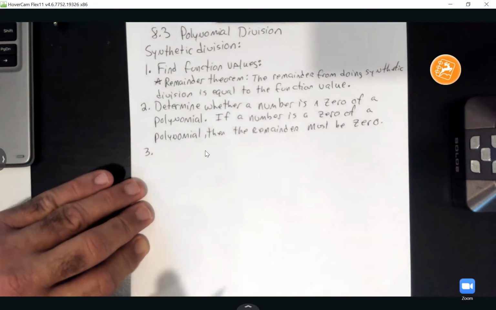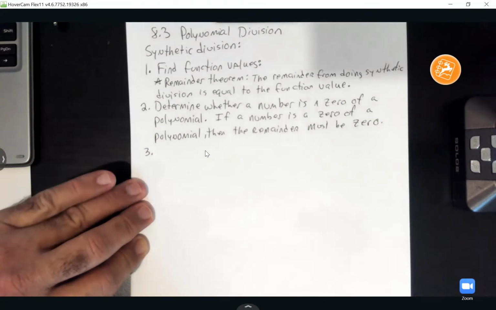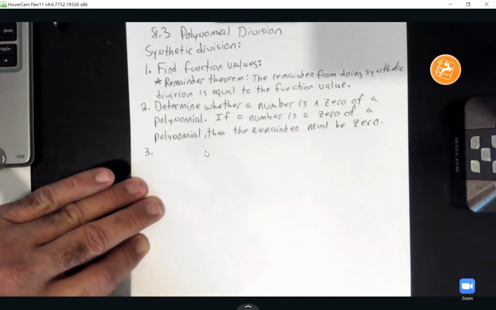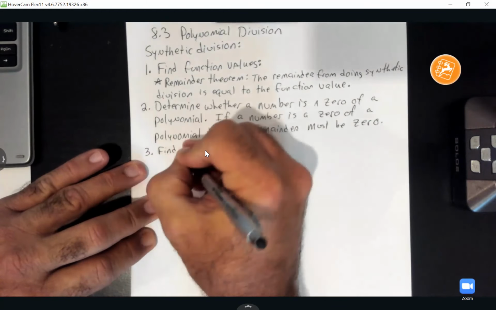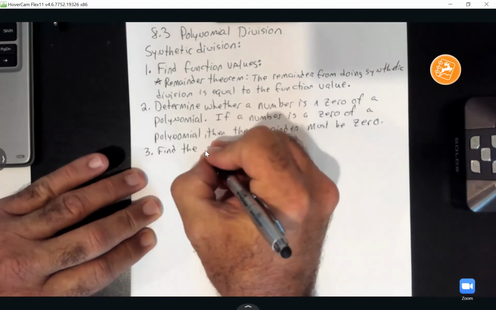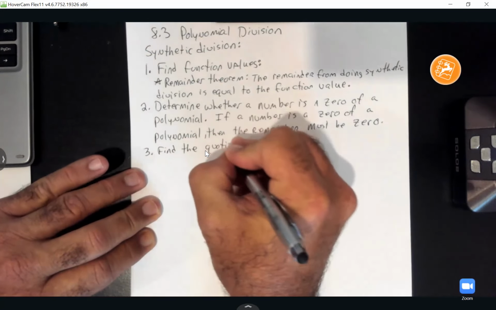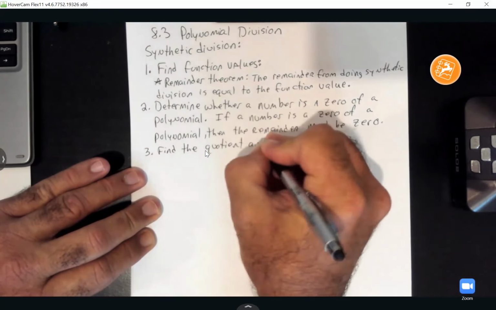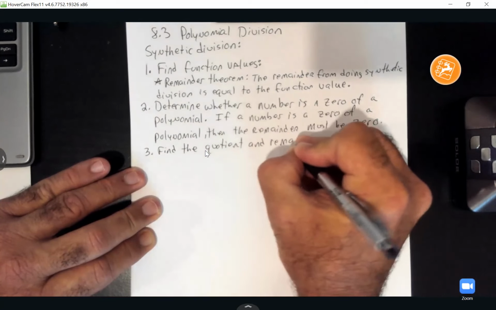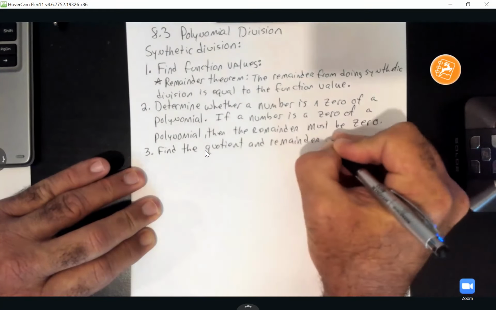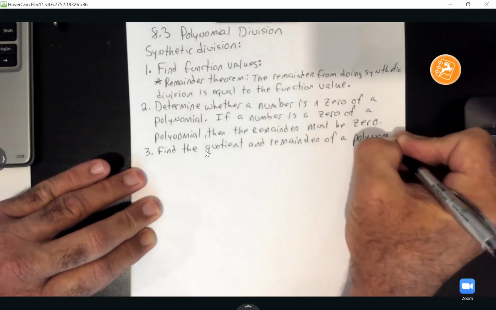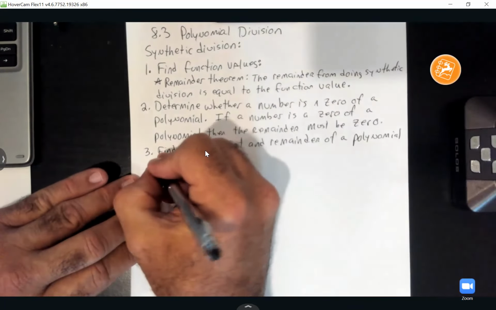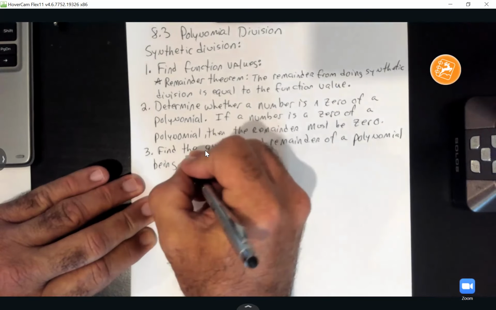Now, the support, there's 3 problems in support. And what we do with synthetic division in support, we're using it to find the quotient and remainder of a polynomial being divided.